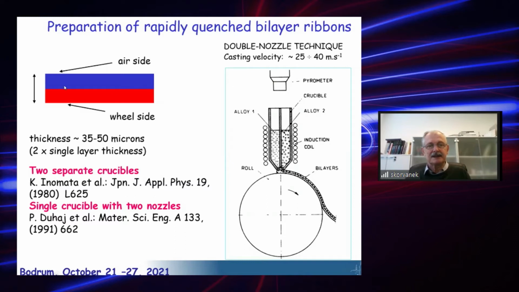The geometry of the system that we will speak about is the following: we have one ribbon, one layer, and on the top of this ribbon we deposit another ribbon or layer. So in this case, this is one ribbon with two layers, and there exists a solid interface between them.